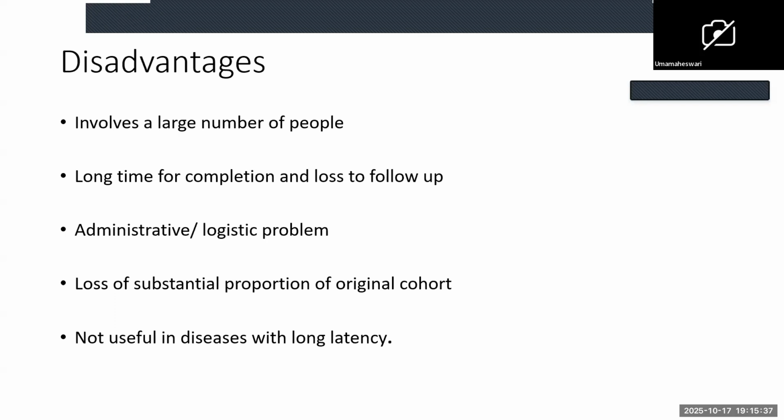As you follow, some may change, some may die off, some may move out or migrate. So it is not useful in diseases with long latency, because following up for such a long period is very difficult. Before planning a cohort study, you should know at least the disease development period or latent period.